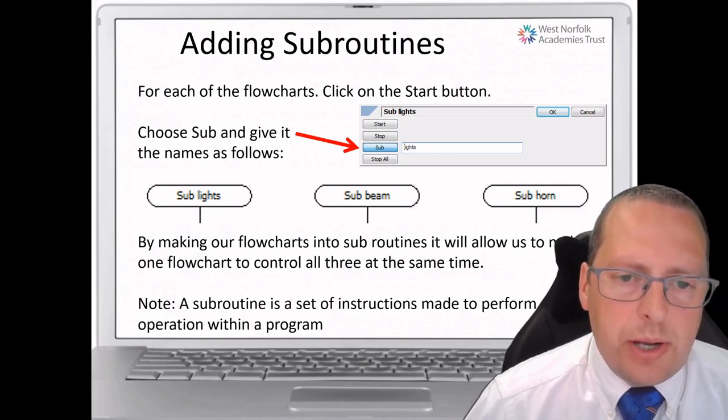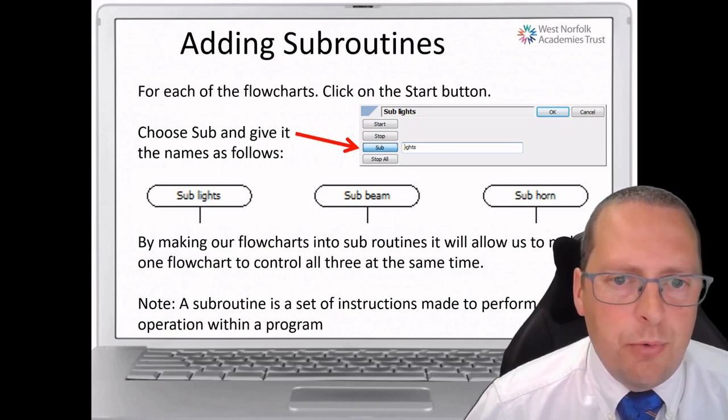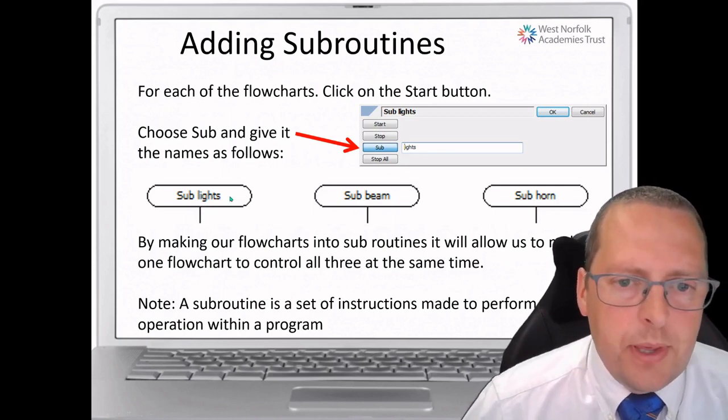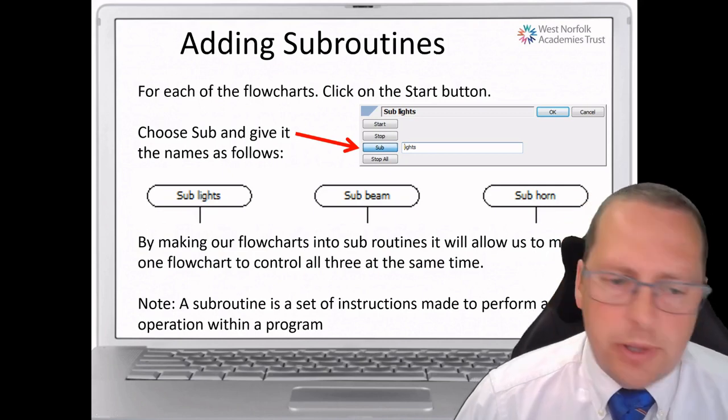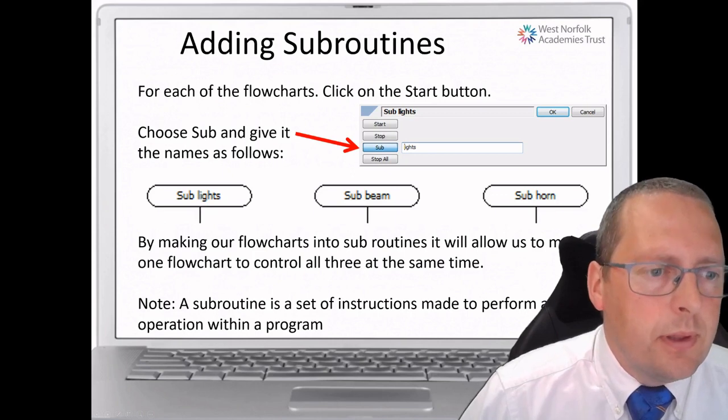Okay, we're now going to add something called a subroutine. So this is a small little program in its own right. So we're going to set each one of these for a subroutine. And I'm just going to show you how we do this. I'm just going to pull up the Flowol again.